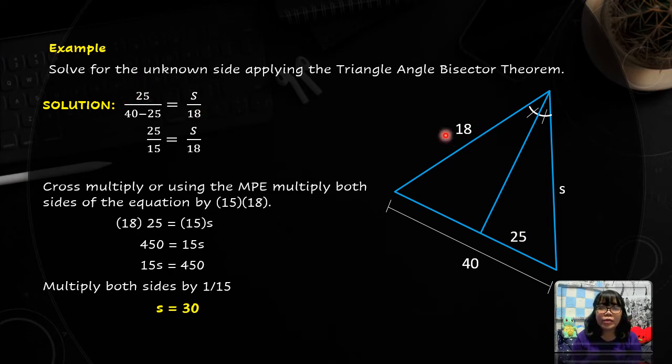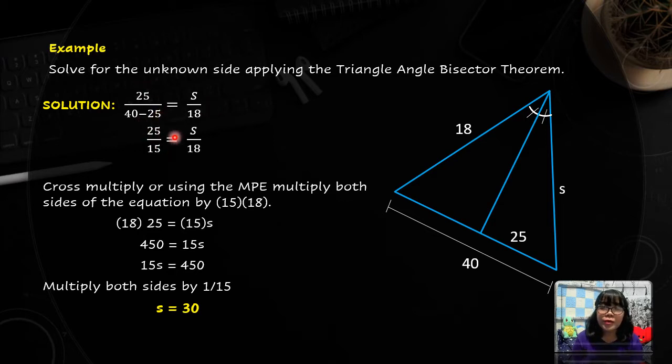And then 18 will be in the denominator since it is on the same side as the other segment in our equation. Now, 25 divided by 40 minus 25 is equal to S divided by 18. This is our proportion. We need to look for the value of S here by using the techniques in ratio and proportion.